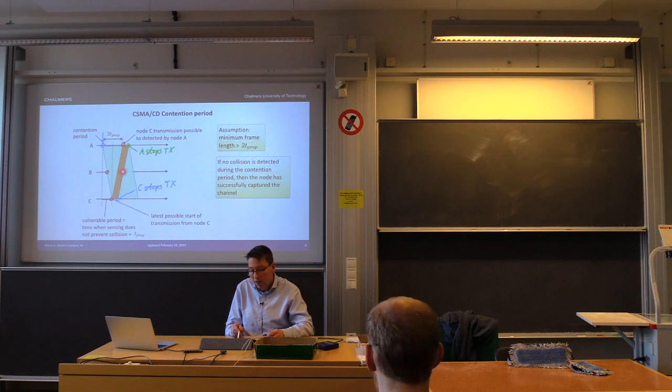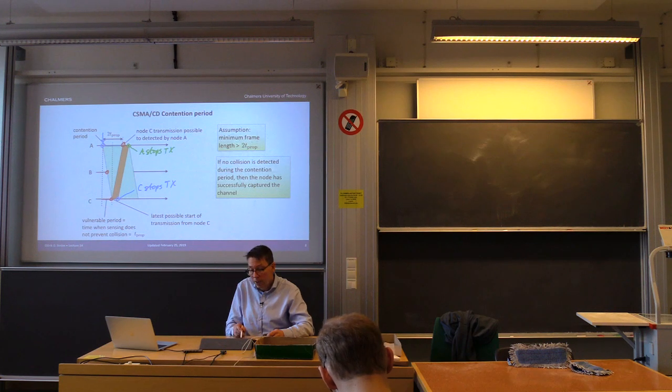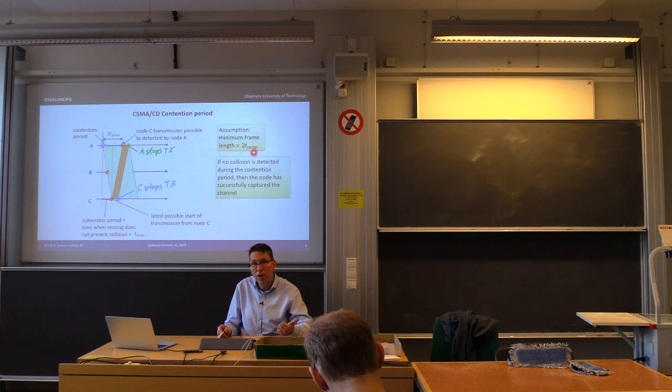So we need a minimum frame duration of at least 2 t prop for collision detection to work. This is a crucial thing, and we will see how that is implemented in Ethernet in a while.